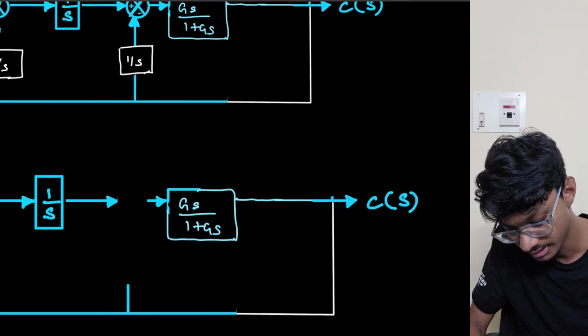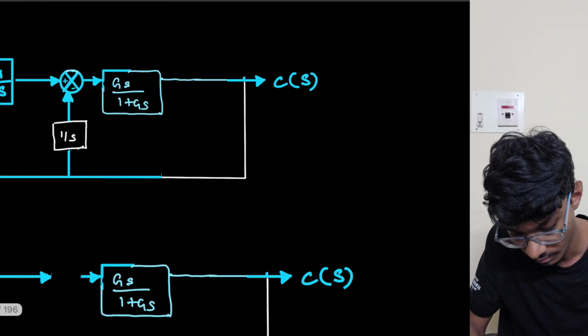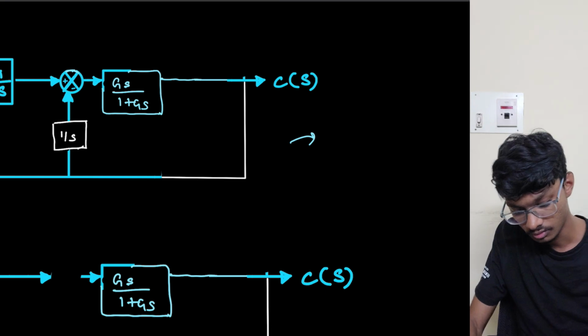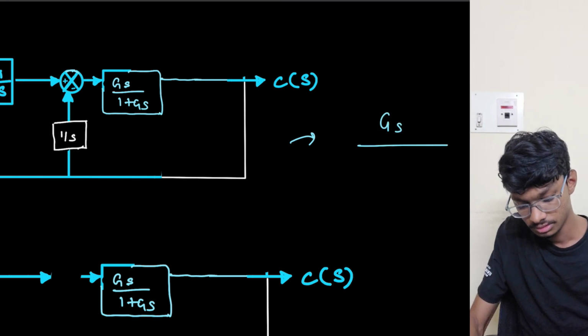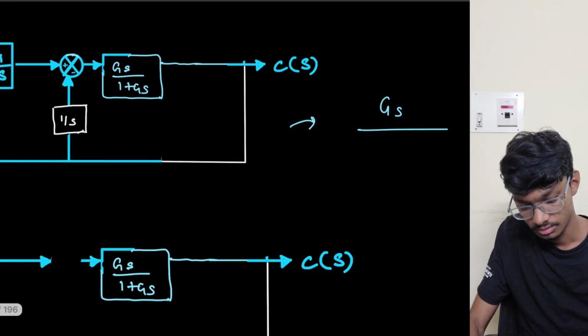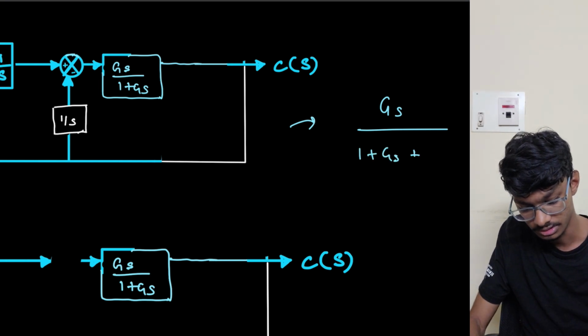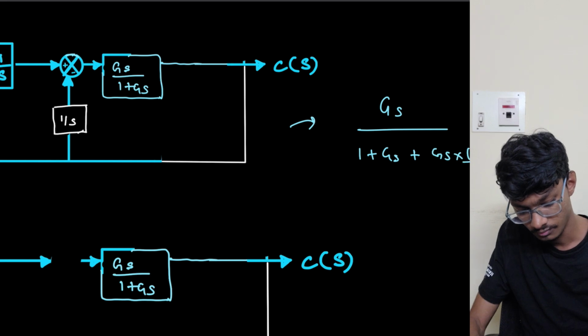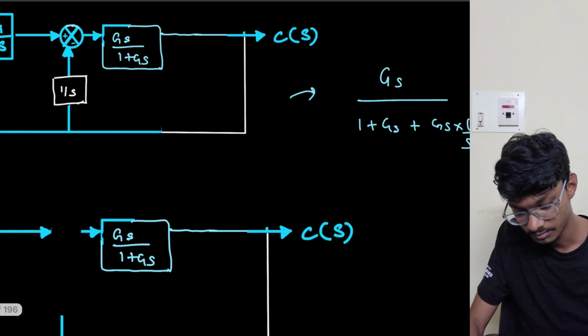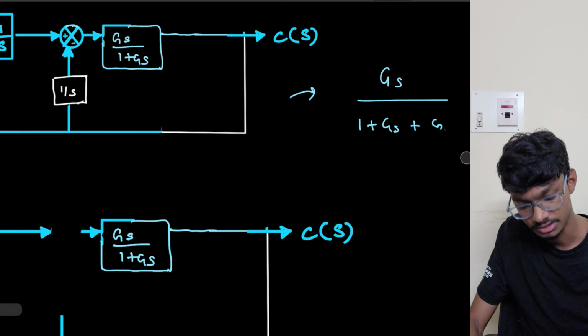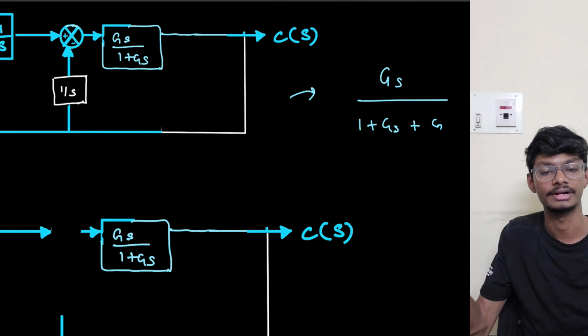The value here, again I will use that short trick: g of s, now we have 1 over s also. So this will become 1 over 1 plus gs. Now gs times 1 over s, so we're left with simply g only. So you understand how I am writing this directly?